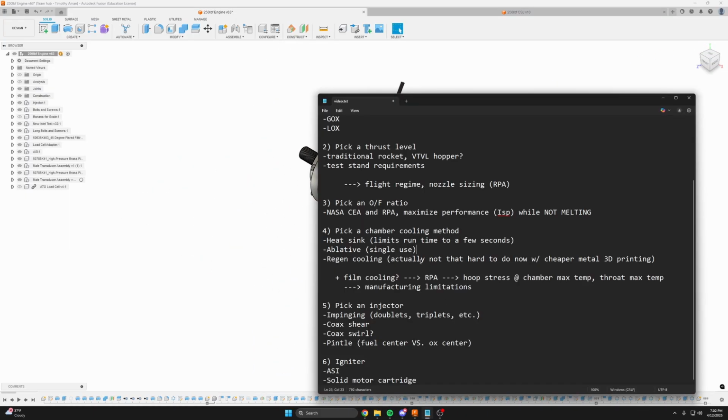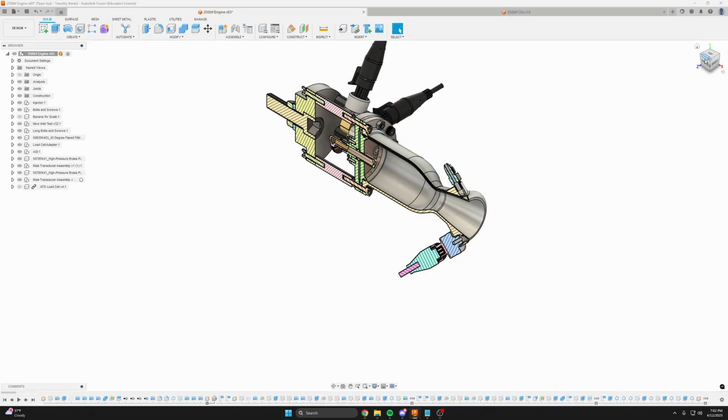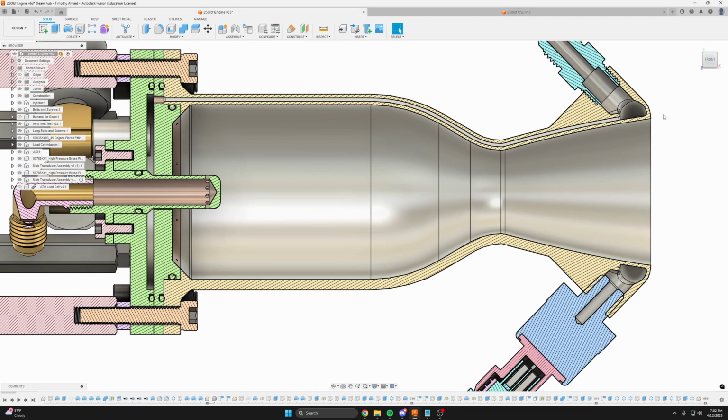So what I recommend, and it's getting more and more accessible with modern metal 3D printing, is just straight up do regen cooling. That's where you flow, I've talked about it in other videos, typically your fuel or a different coolant through channels before it gets injected. So in this case, you can see one channel here.